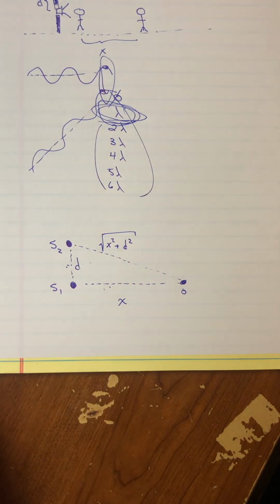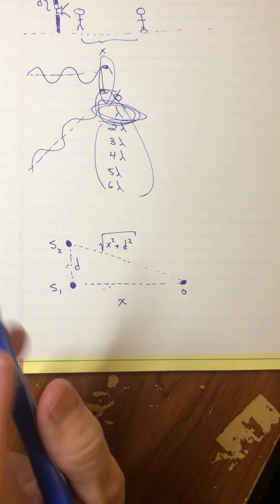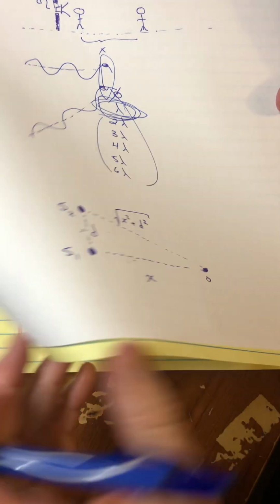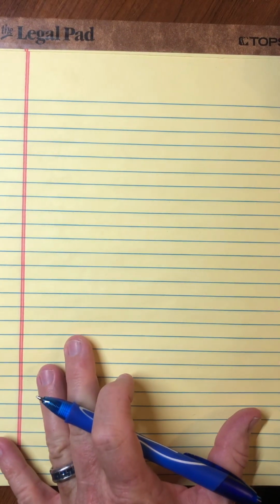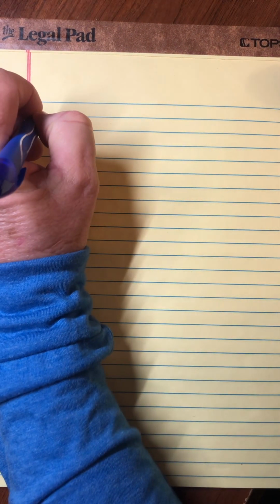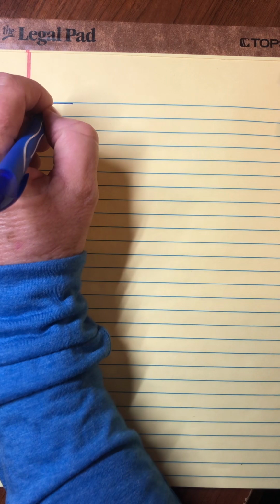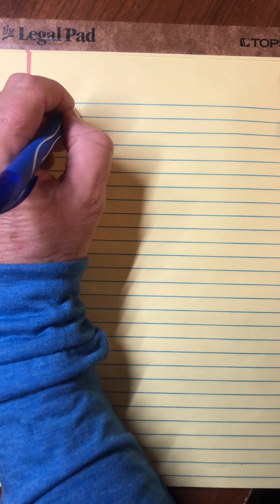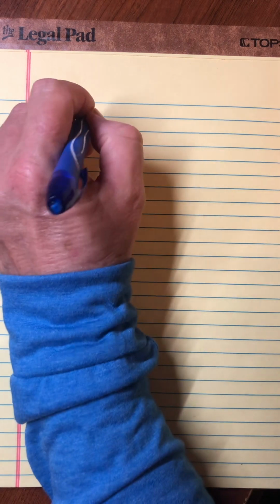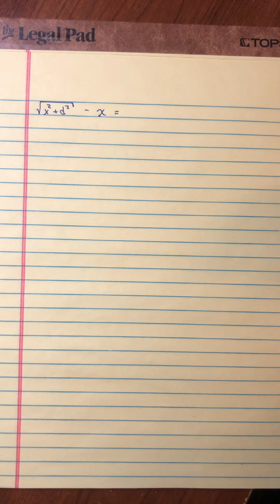And so I'm going to go here with lambda, 1 wavelength. This could be said a little better, but let me continue on for the gist of the problem. So what they're trying to say here is that the distance, the square root of x squared plus d squared, minus x, has to be a number of wavelengths.